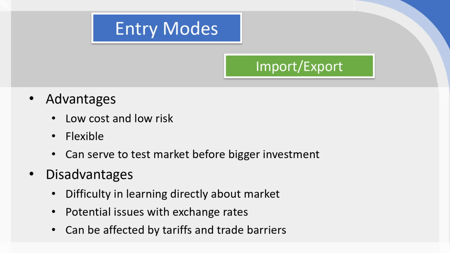So valuable information and data that comes from actually engaging with consumers and selling direct to consumers is going to be kept by the retailers. Some information will obviously trickle back upstream in the supply chain, but that is going to be relatively limited. So you're not going to be able to learn a huge amount about the target country because you're not engaging directly with the consumers in that target country itself.